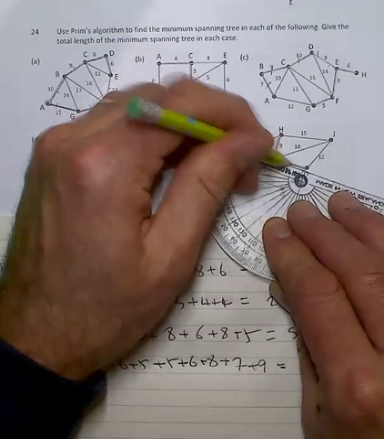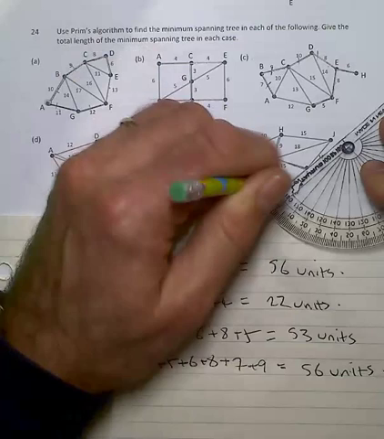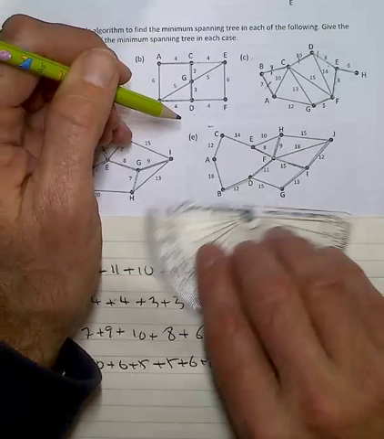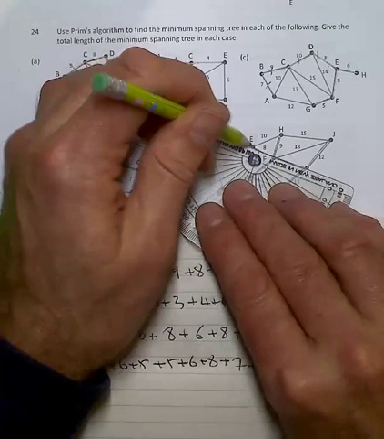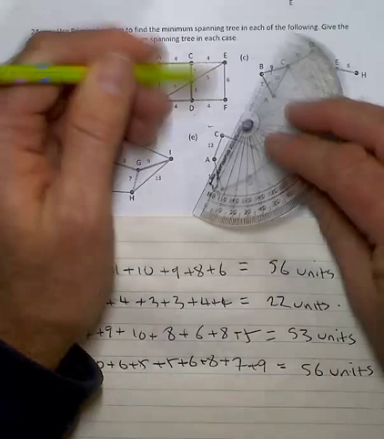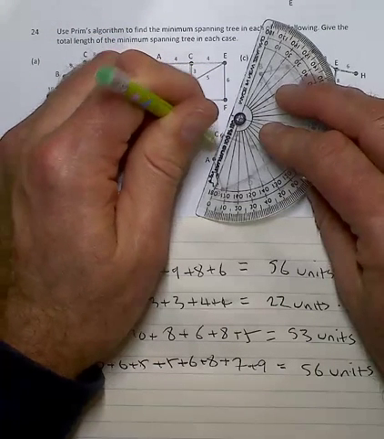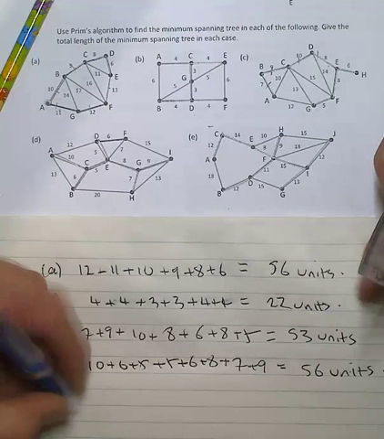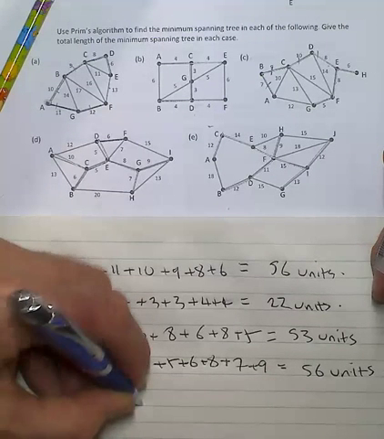So 15, 13 and 12. It looks like I'm a very limited processes to get my C and A connector. But that should give me, when I add it up, 106 units.